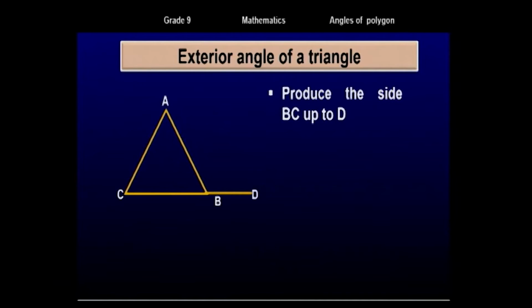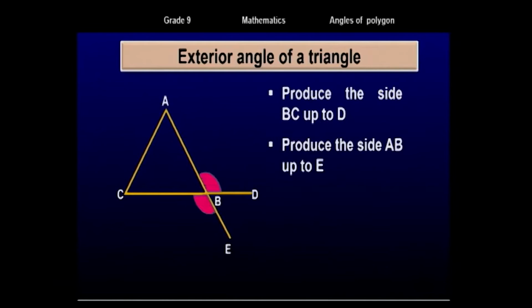What is the exterior angle? ABD is an exterior angle. And also produce the side AB up to E. What happened? There is another exterior angle. CBE is an exterior angle. So when we consider these two exterior angles, what is the relationship between these two?